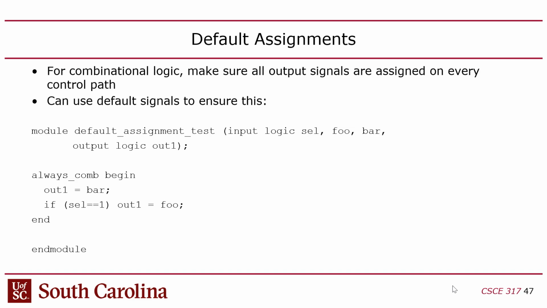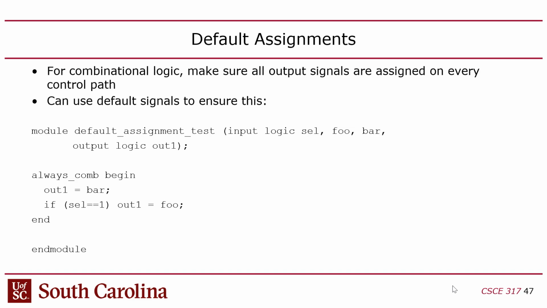Now you could have done this as an assign with a ternary operator, which is how I would have written this. But in this case, it's an always_comb, and that gives you access to using an if statement. So we're using an if statement here as opposed to a ternary operator. The effect is the same, though, by the way. They're going to be synthesized the same way.